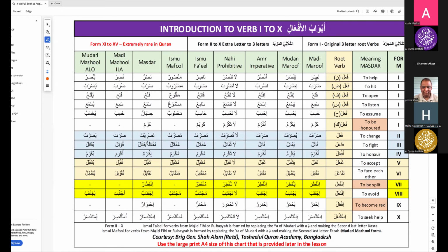Because when you say fa'alna, they need to relate it to the vertical chart. Same way, the first thing they should be doing is these 9 keys they have to memorize.